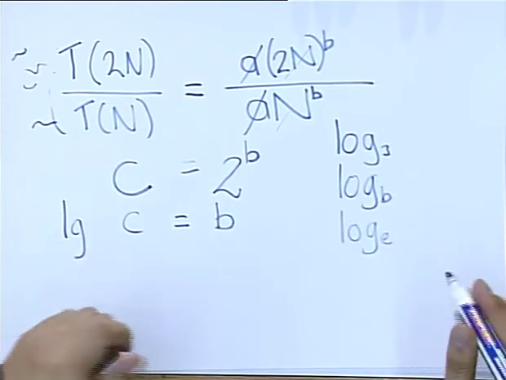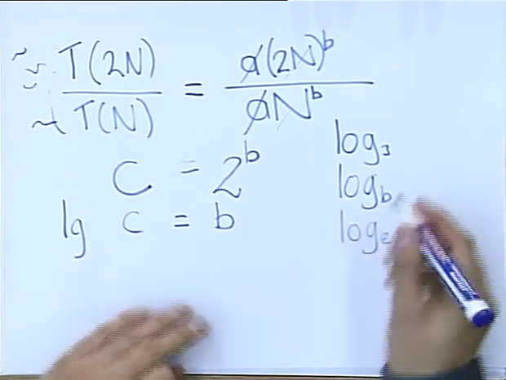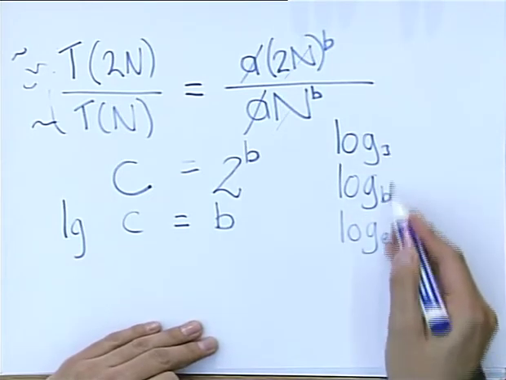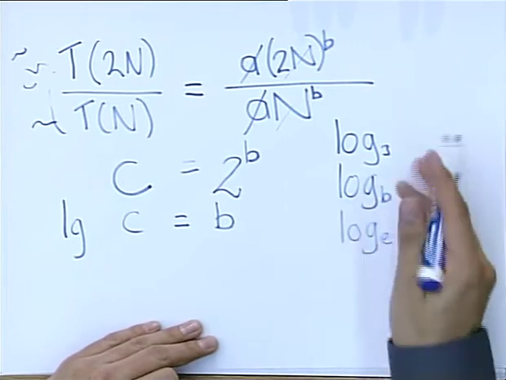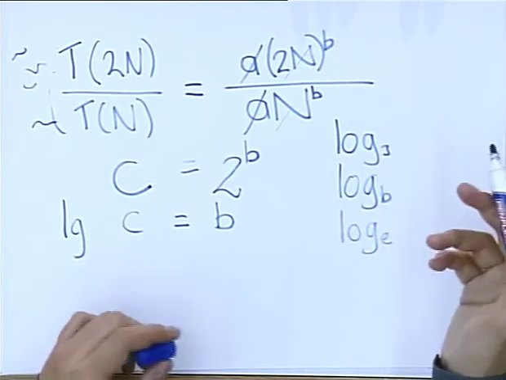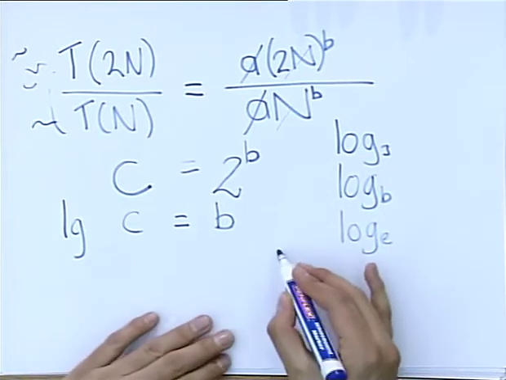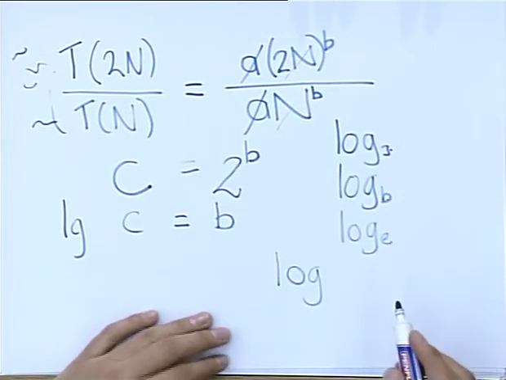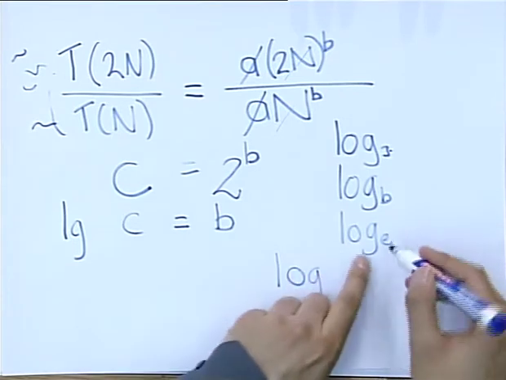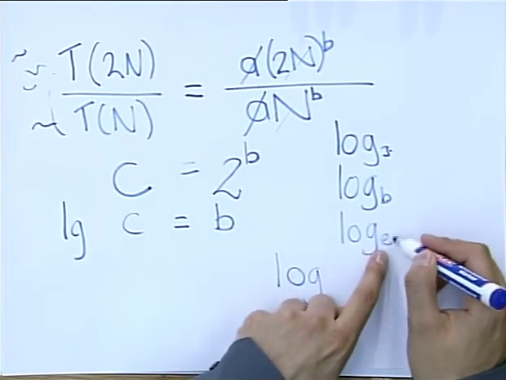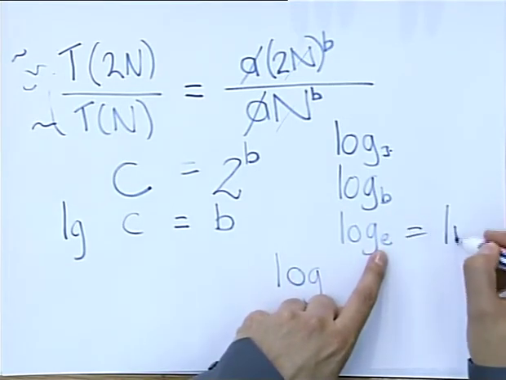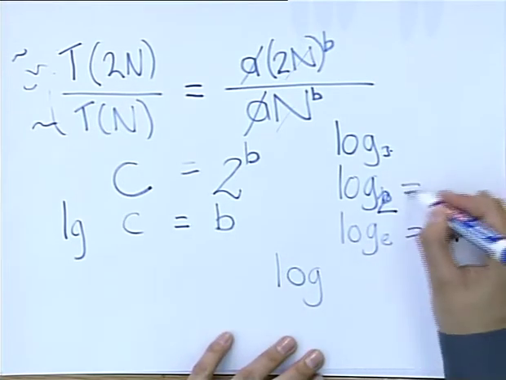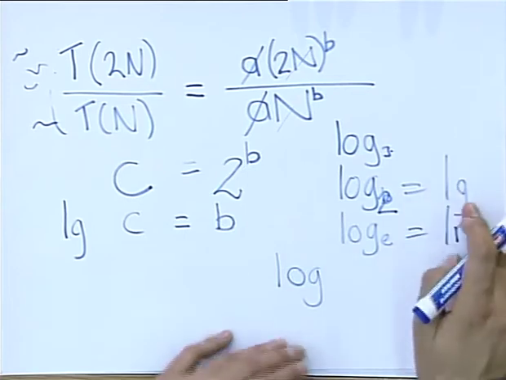What we will do in computer science is, if we assume that the base is not playing a role, remember it's just a constant factor, you can always divide it out. Then we'll just write down log if we don't care about the base. If we want to specify that it's indeed with a base of e, then we will use ln. And if we have 2 there, then we will use this notation, lg, to mean log base 2.